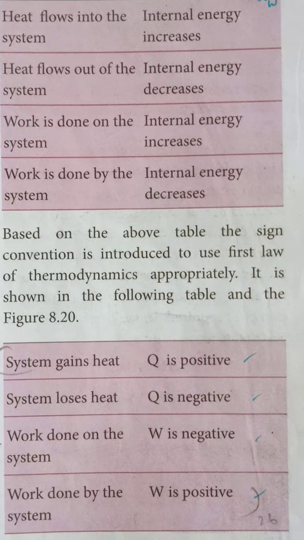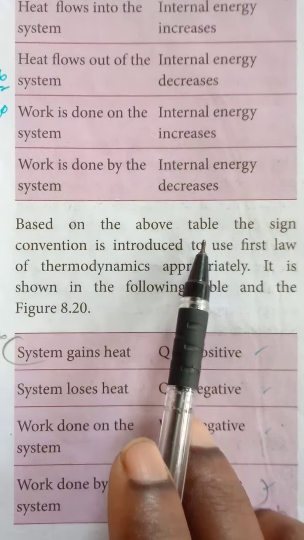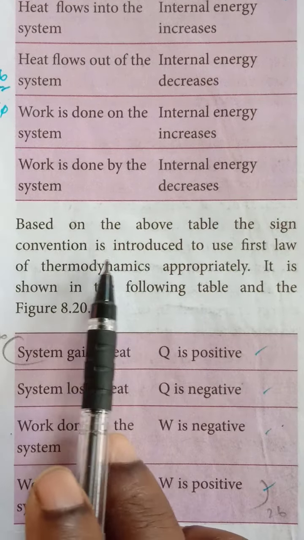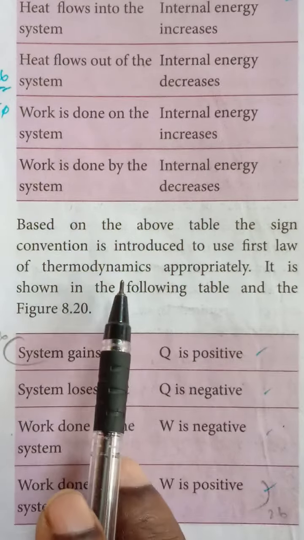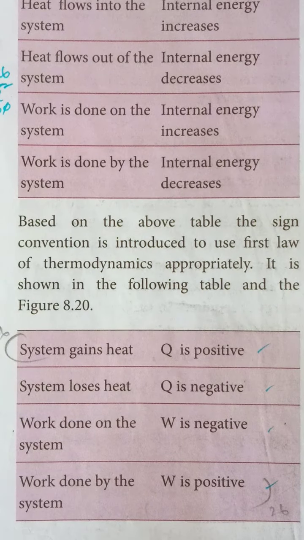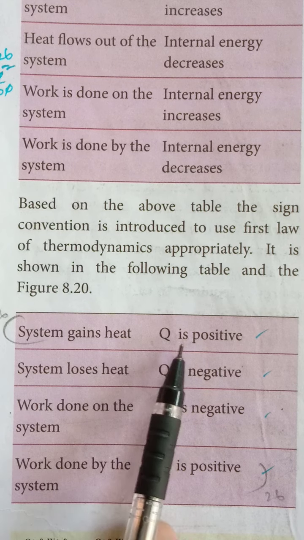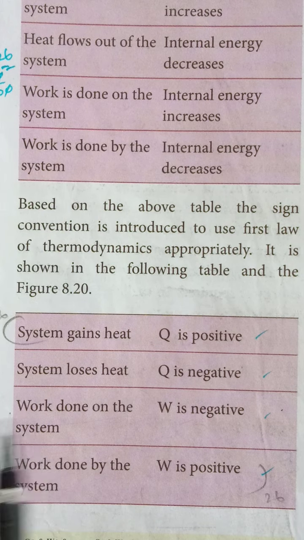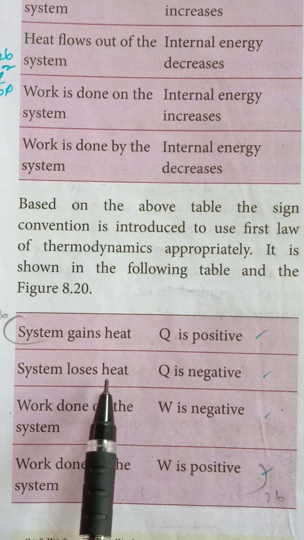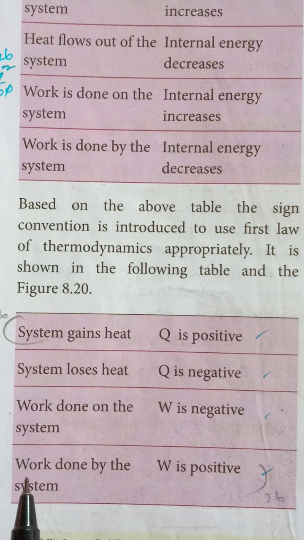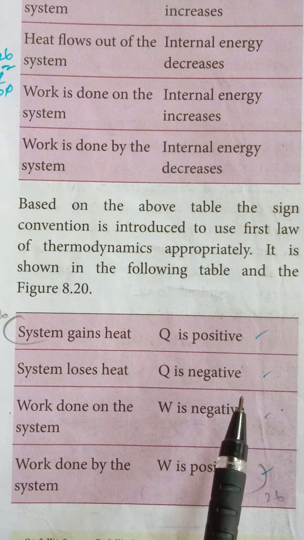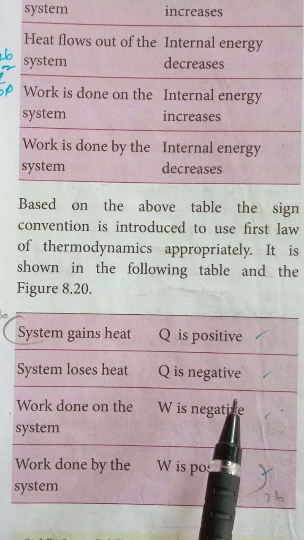Next, based on the above table, the sign convention is introduced to use the first law of thermodynamics. If the system gains heat, the amount of energy becomes positive. If the system loses heat, Q is negative. What is Q? The heat energy supplied to the system.